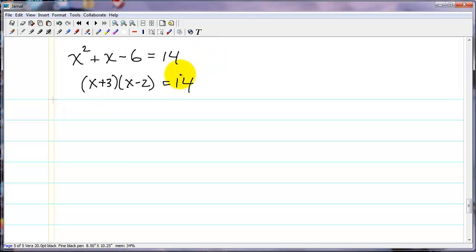So to do our solve by factoring, we don't want to do that. The key thing is we must make this equal to 0. So we must make the polynomial equal 0. So let me erase the incorrect work here. We want to make it equal to 0, so I can subtract 14 from both sides.